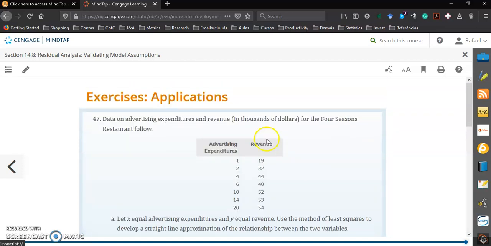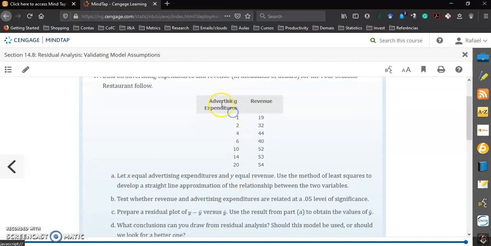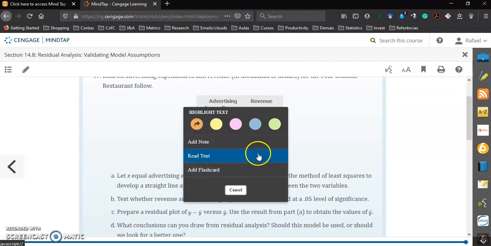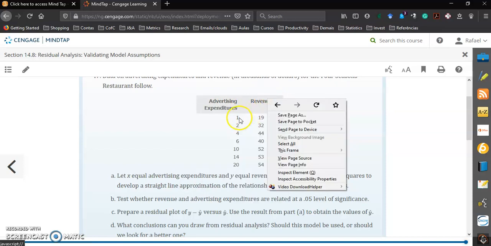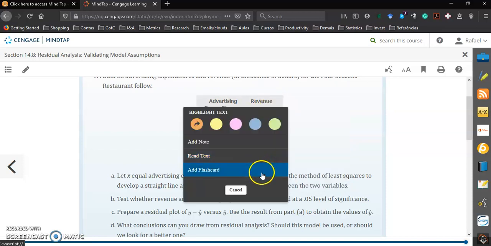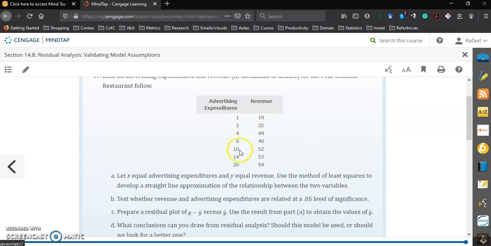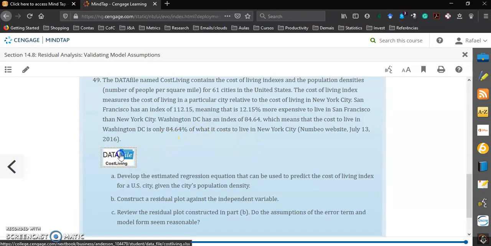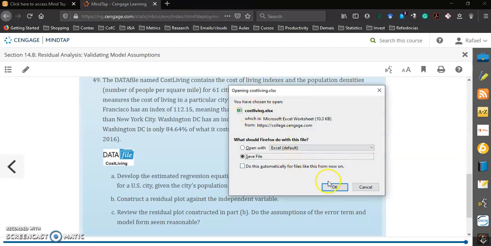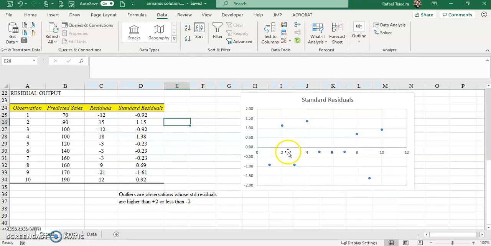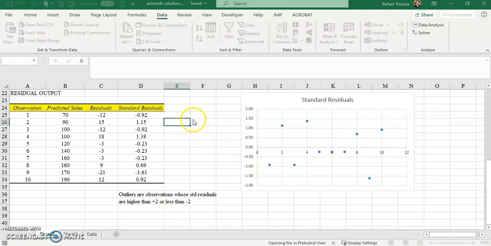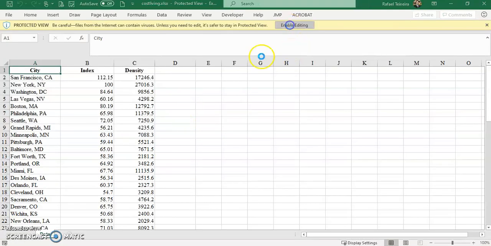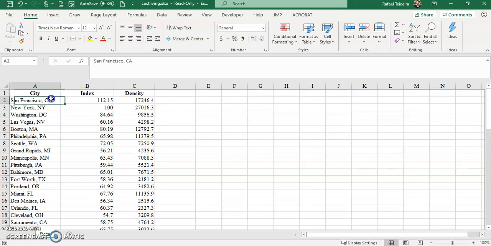We have a specific video about that. So let me do that very quickly so you can see. Let me do it on this one because we have the data, cost of living. So we have different cities in the United States, and we have an index and a density.